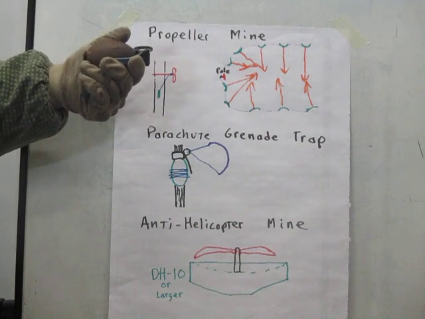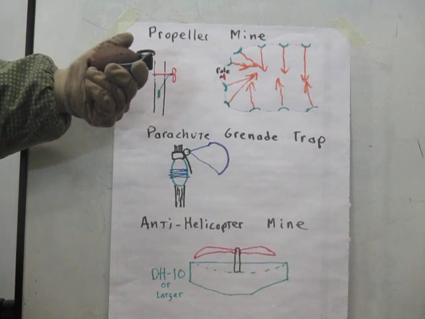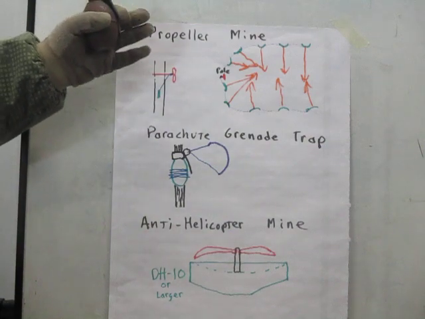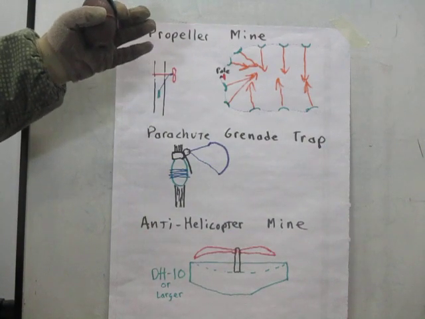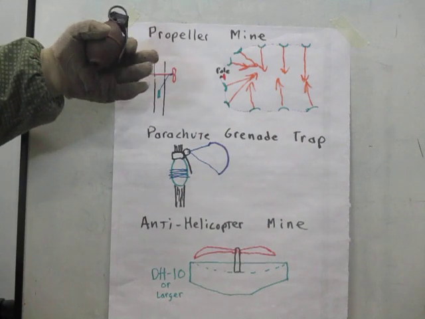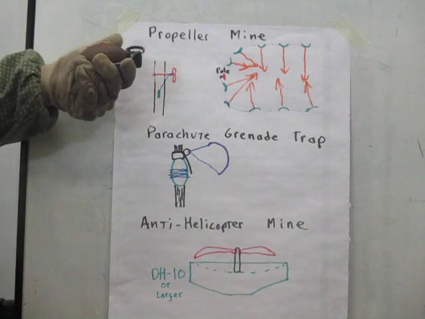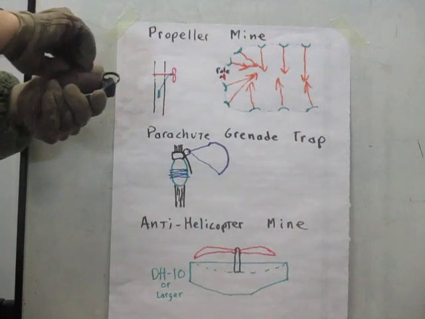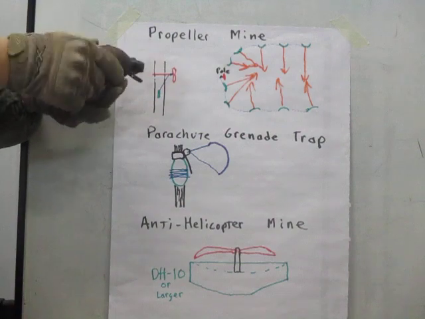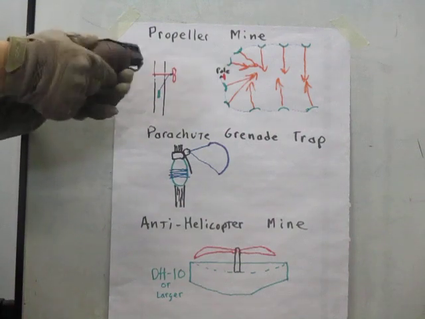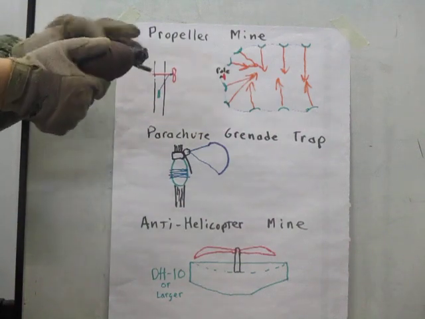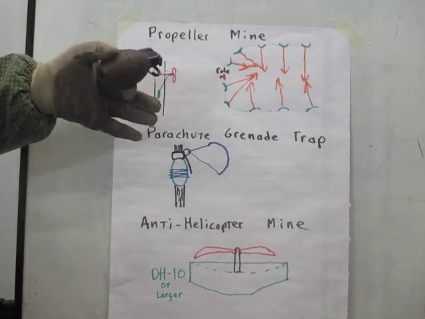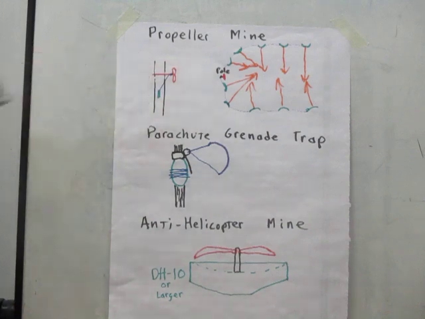Essentially like an easy comparison in America and the West, a fragmentation grenade Easter egg hunt, hiding these all over the LZ. As the helicopters would come in, that parachute would catch the wind coming off the blades, start pulling it, and these grenades would start rolling around in the grass until the spoon went free and the parachute blew away. Same effect.